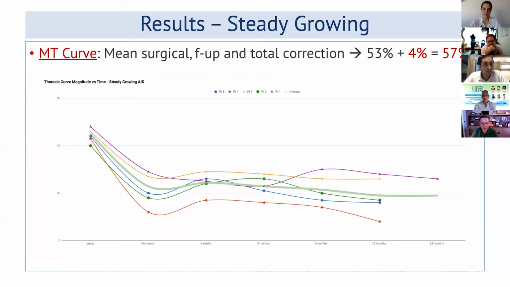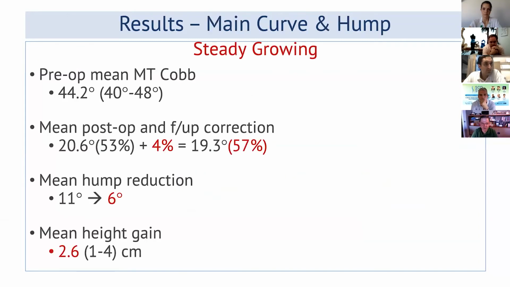And regarding the steady growing patients, in the index operation this time we tried to correct as much as possible. So we got almost 50% of correction with the first surgery. And then by time, as those patients didn't grow as much as the rapid growing patients, we had only a 4% additional spontaneous correction, which ended up a total of 57% correction rate.